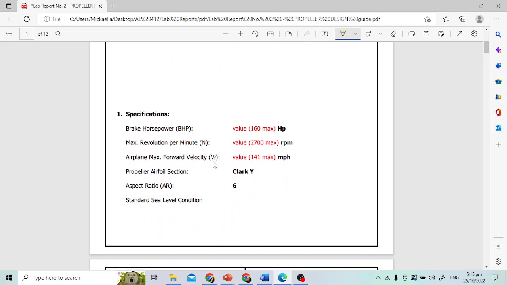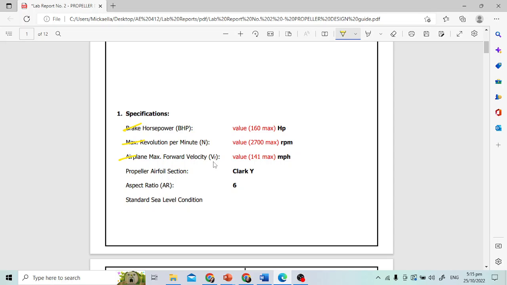Okay? Now, for the specifications, the first part, you can see their red values. So, assume values for yung mga red na yan. Ano-ano ba yan? Yung ating brake horsepower, yung ating maximum revolution per minute, and yung ating maximum forward velocity.